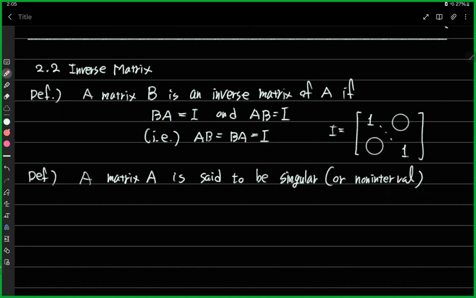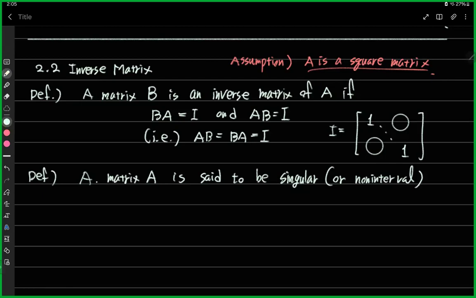Big assumption: A is a square matrix, so we're only talking about square matrices. Under that assumption, we talk about the inverse matrix.